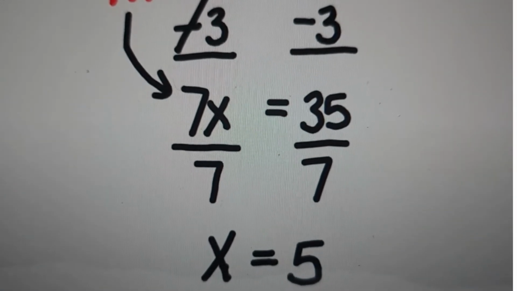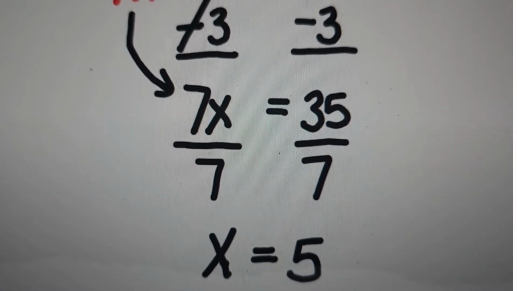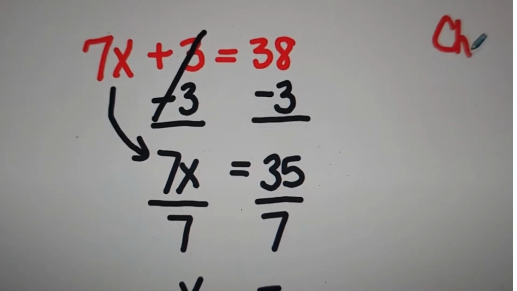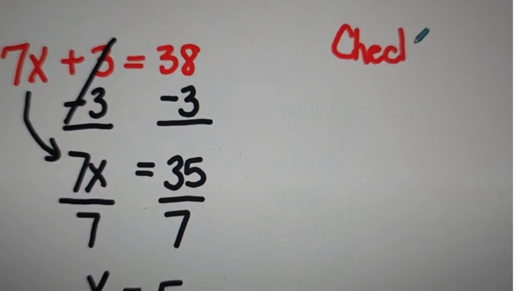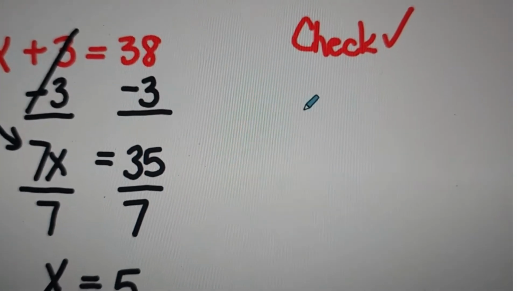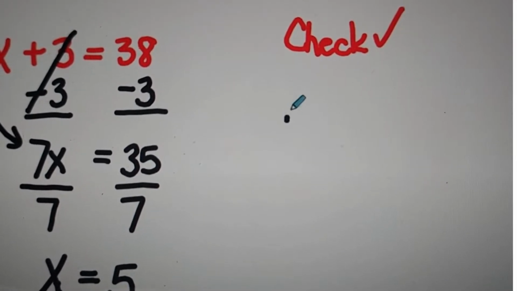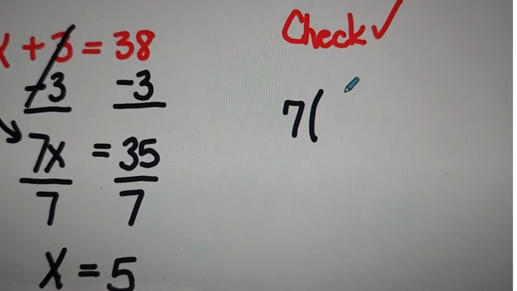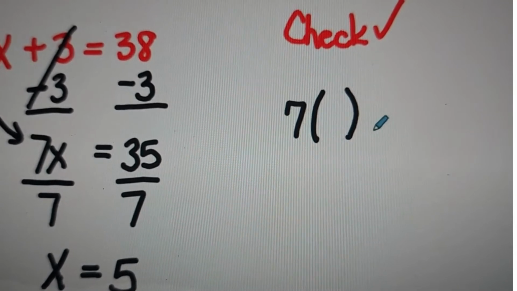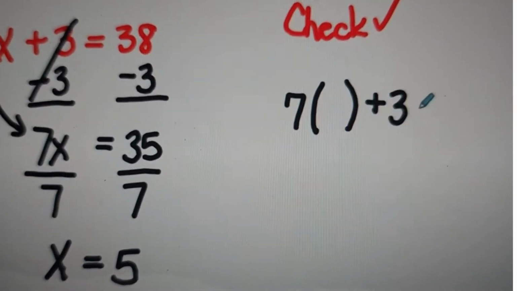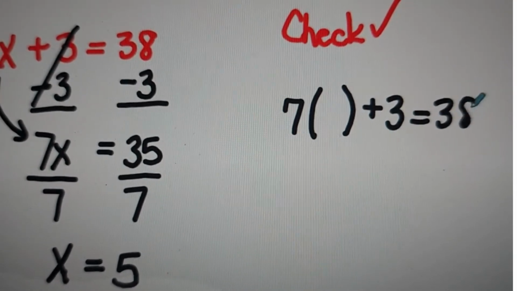Now, the main thing that I want to look for is how do I check my work? And so over to my right-hand side, I'm going to check to make sure that everything is right on track. So I take my 7, open parentheses where my variable x is and where I'm going to plug in the 5, plus 3 equals 38.